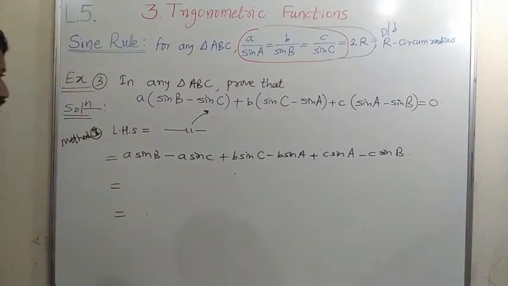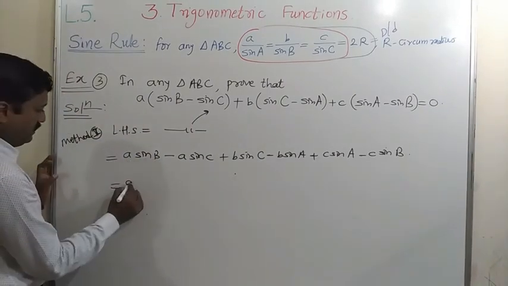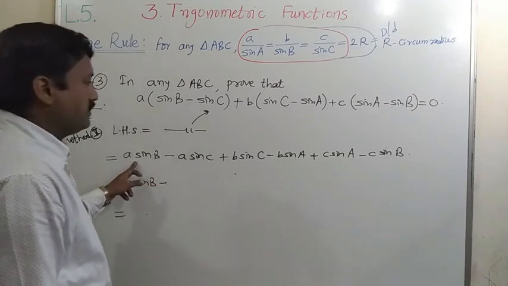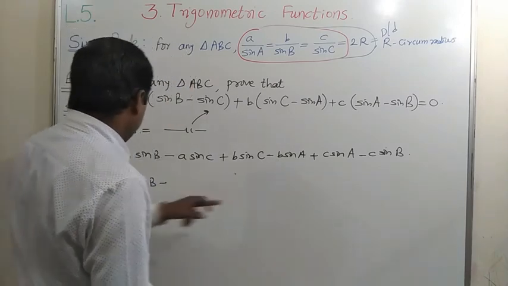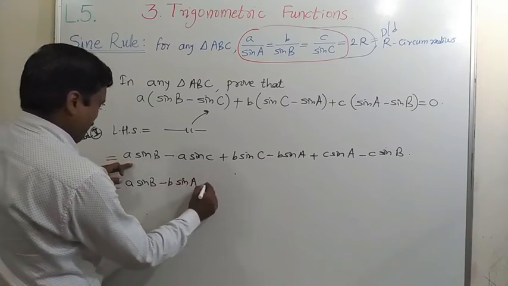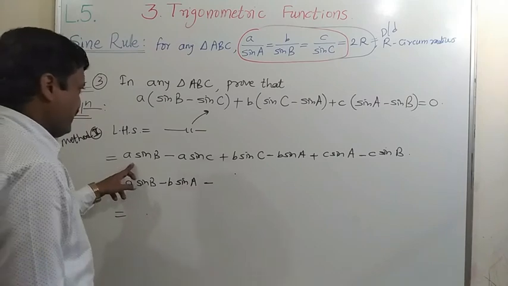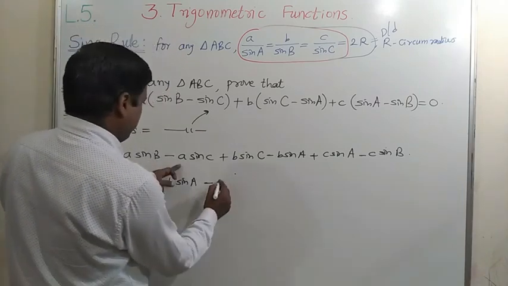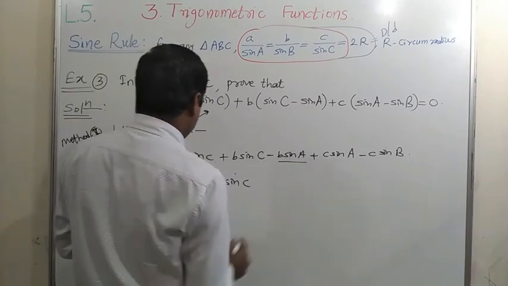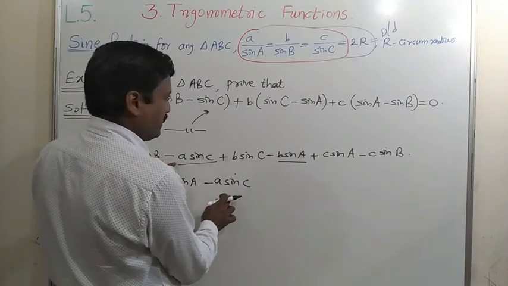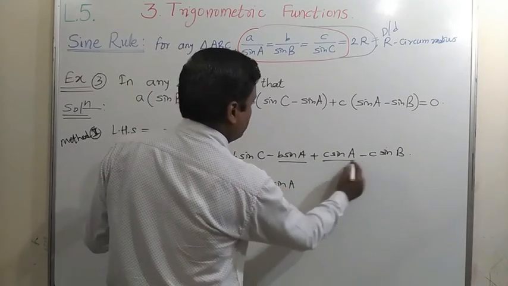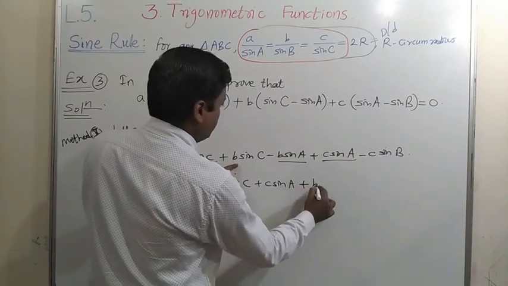Okay. Now this is a sine b. Here is minus b sine a. So write these two terms near to each other. Okay. Then here is a sine c minus a sine c. So we have written this and this one. Now a sine c, after that c sine a plus c sine a. That we have written. Now remains these two, that is b sine c minus c sine b.